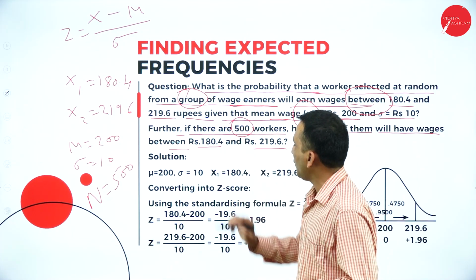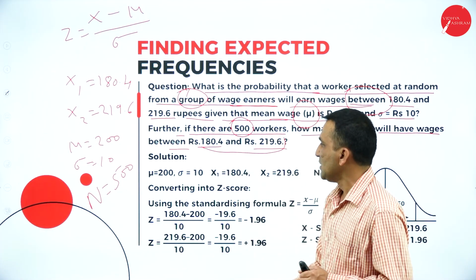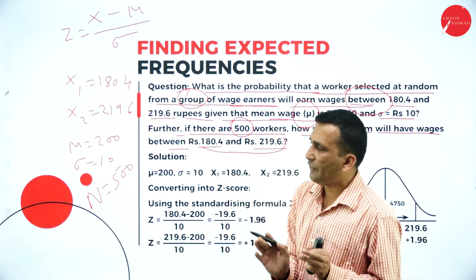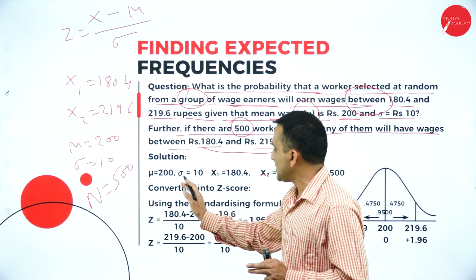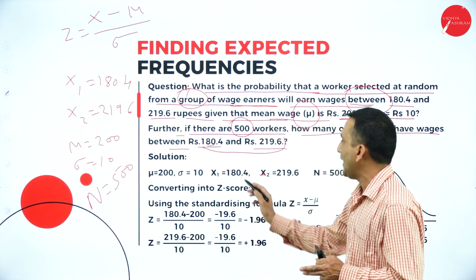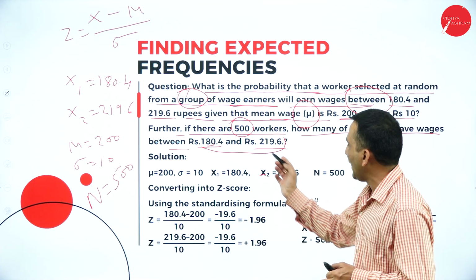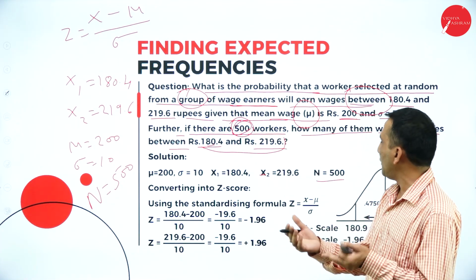Out of 500 workers, how many are getting wages in between these values? Whatever information is given, I have written: mu 200, standard deviation 10, x1 value 180.4, x2 value 219.6, and N, 500 workers.